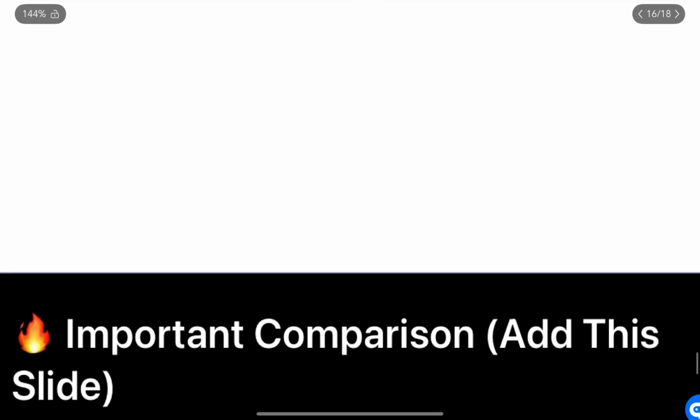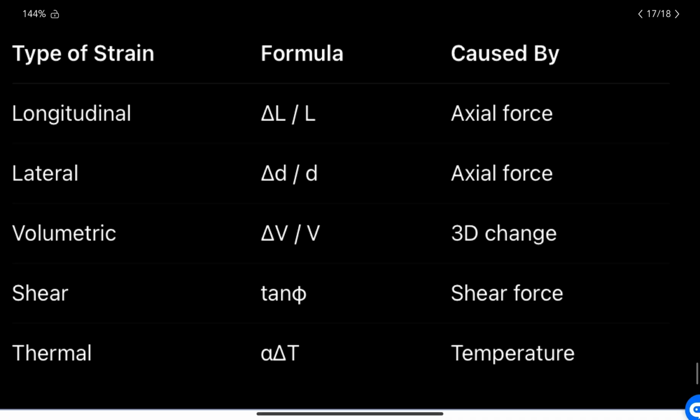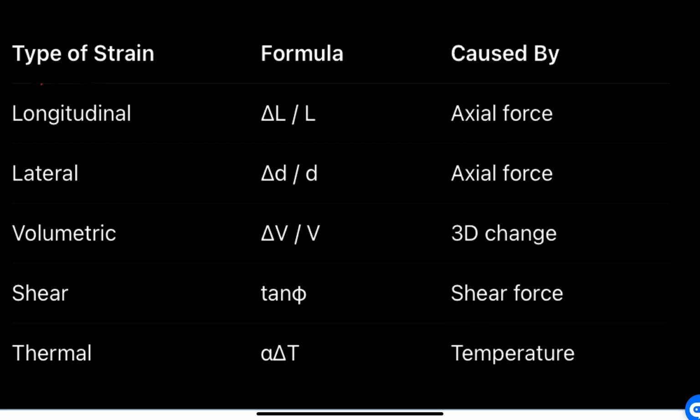I have one short table for you from which you can easily prepare for your MCQs or short answer questions. Over here is the type of strain, the formula for that, and why it is caused. The longitudinal or linear strain has the equation delta L by L, and it's due to the axial force.